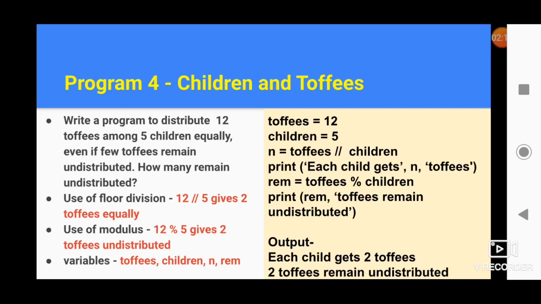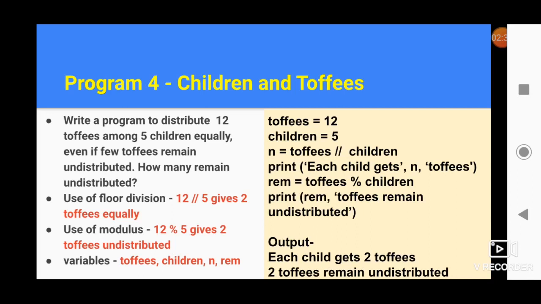So 2 is the number which is less than 2.4. So floor division here returns the value 2. Now this 2 is stored in a variable by name n. So n represents the equal number of toffees that each child will get.